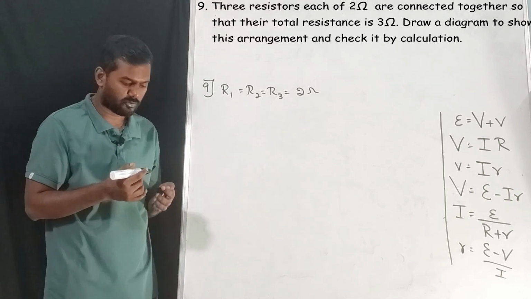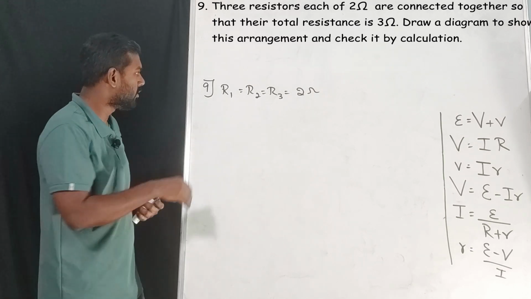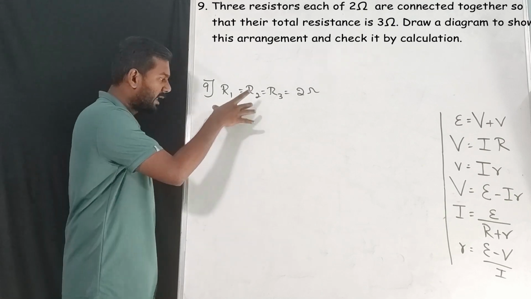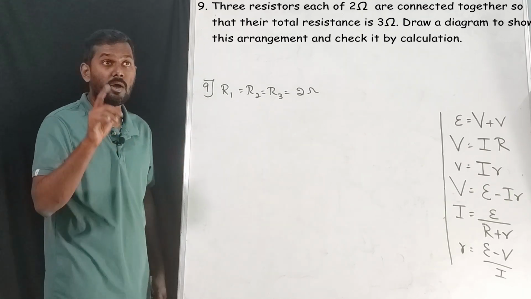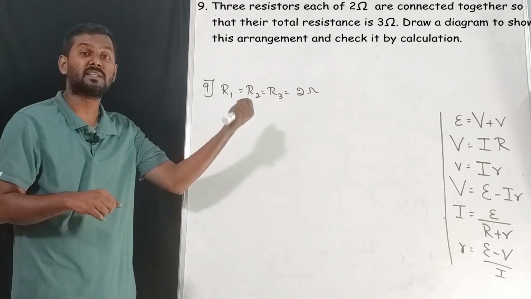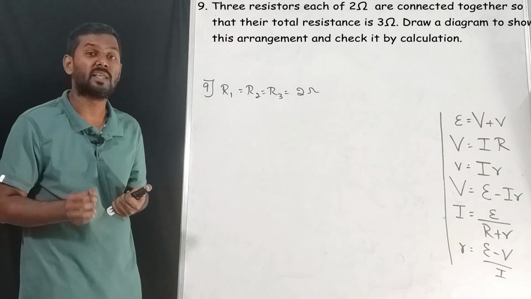For these kinds of questions, first I will give you one hint. How many resistors do we have? 3 resistors. Select any two, take the parallel connection and the remaining in series connection. Why am I telling this method? Because in the previous question, why did we not select the series connection? Because they gave us a hint that the resistance should be less than 1.